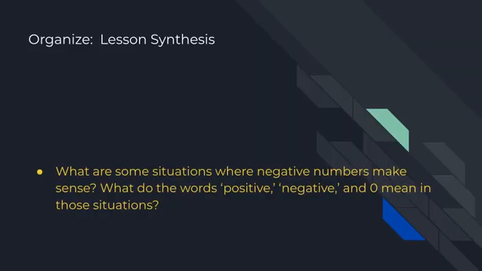So what are some situations where negative numbers make sense? I think the easiest one that everyone usually relates to is weather. 0, especially if you're talking in countries that use Celsius, is the point that water freezes.